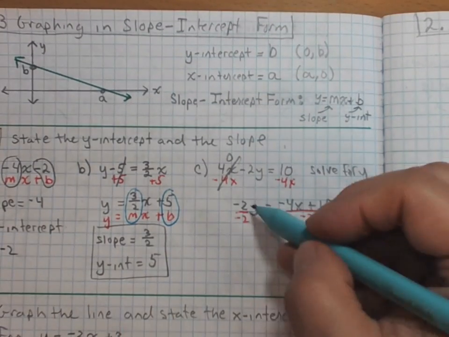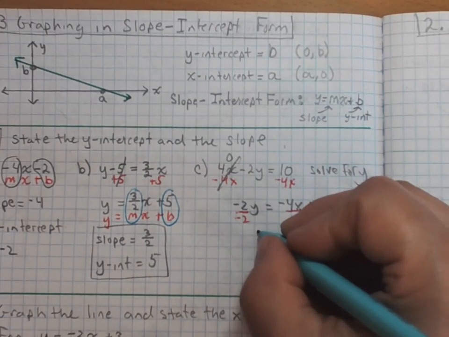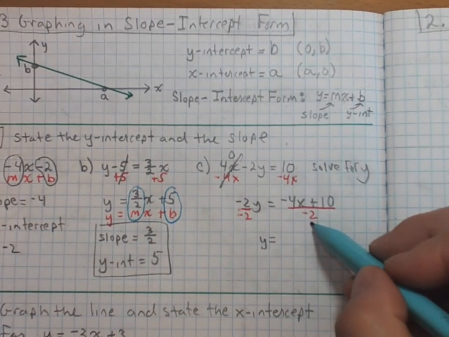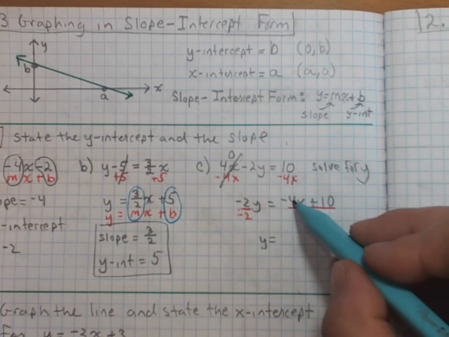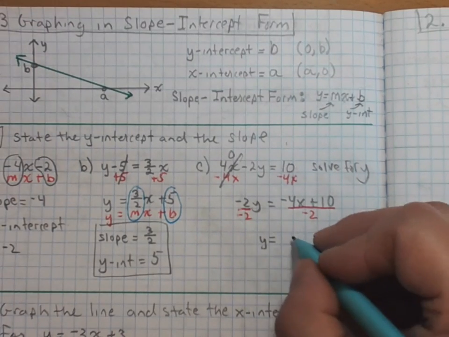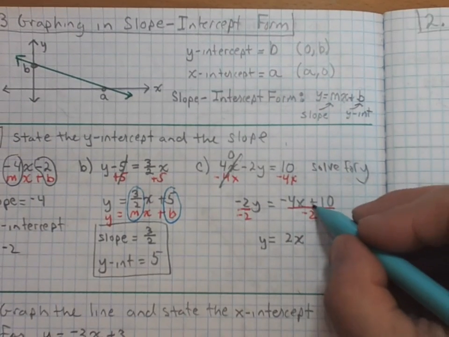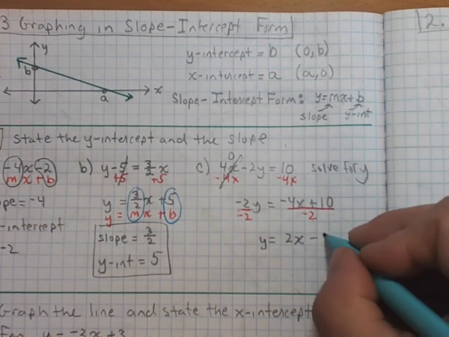Okay, and so this is positive 1y. And again, remember, we're distributing this division. Both terms are divided by negative 2. So negative 4 divided by negative 2 is positive 2, times x. And then positive 10 divided by negative 2 is negative 5.